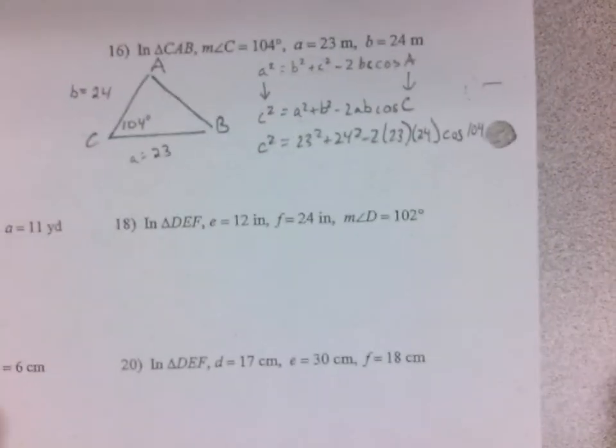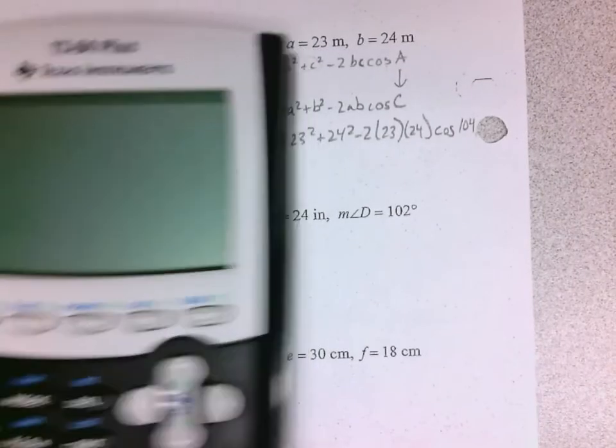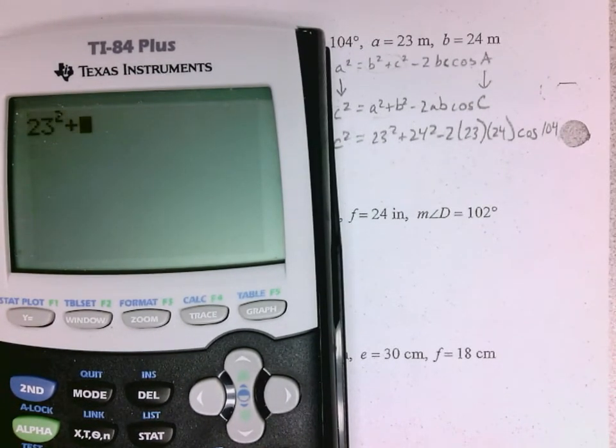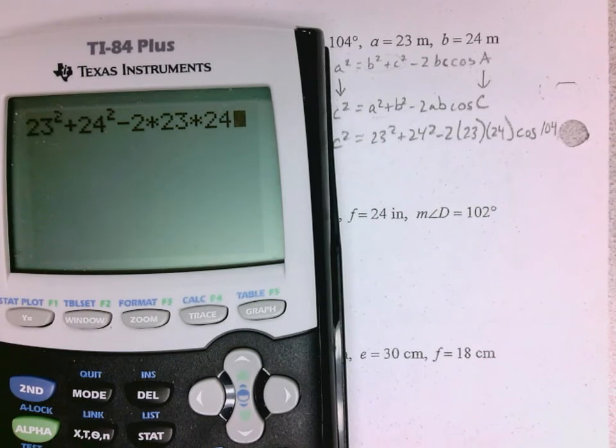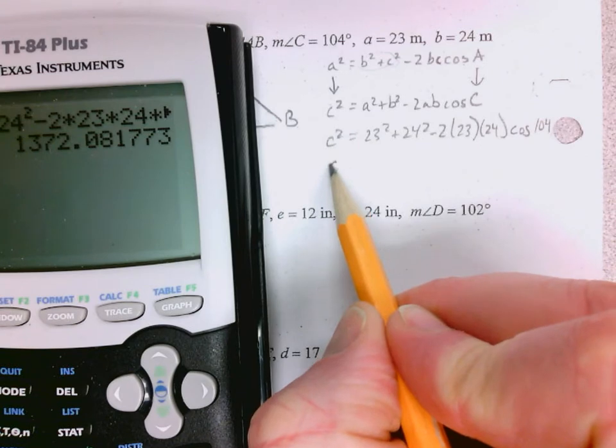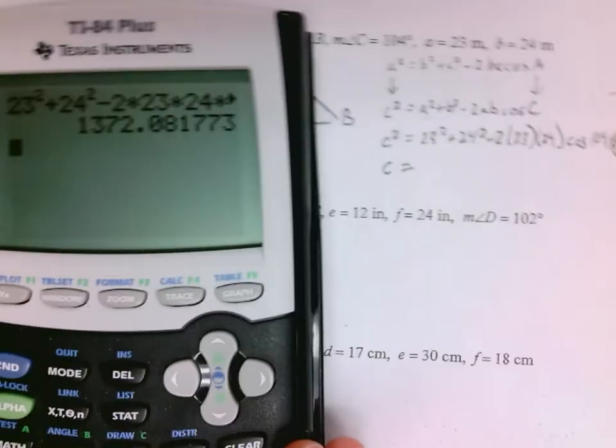So it's quite a string there, but you have a calculator. You're not expected to simplify that all by hand. So 23 squared plus 24 squared minus 2 times 23 times 24 times cosine 104 gives 1372, and that is my c squared, so take the square root to get c.